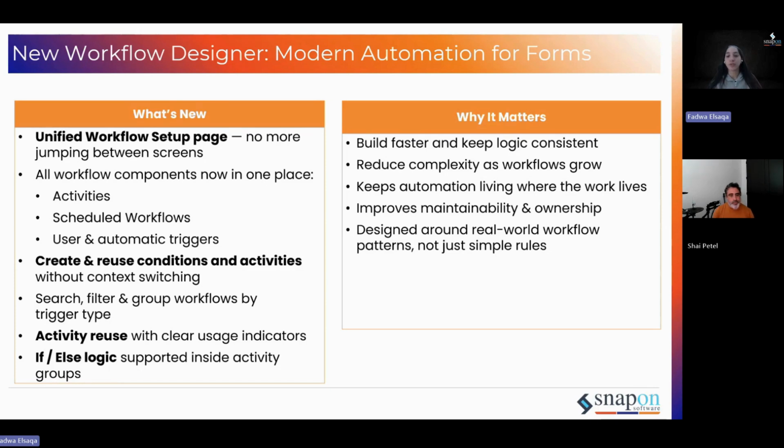This gives users more flexibility to model more realistic workflow scenarios. From a business and user perspective, this matters because it helps teams build faster, reduce complexity, and keep automation logic where the work actually happens. It also helps improve maintainability and makes ownership much clearer over time.